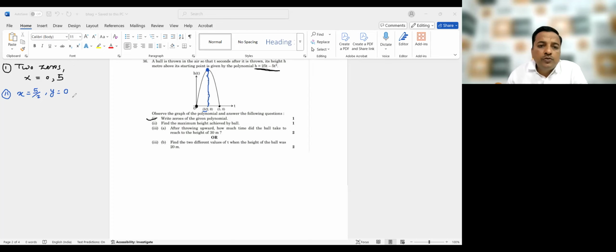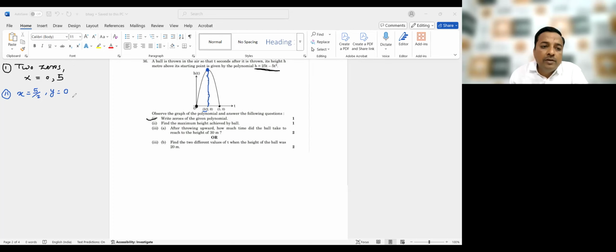Okay, so here students, if you observe this graph, on this side height is mentioned and on the x-axis time is mentioned. So if you look at the time, how much time does it take to reach the maximum height? 5/2, and 0 means not 0, we have to take 5/2. So we have the formula h is equal to 25t minus 5t square. No need to take 0.